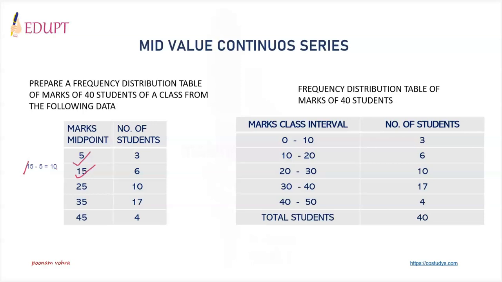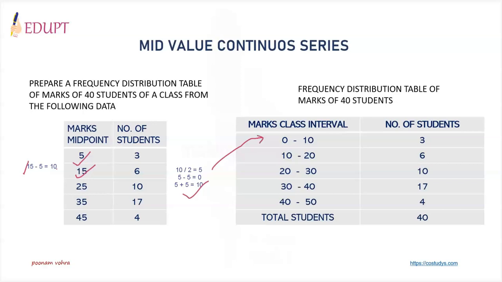It would be 10 divided by 2, which is 5. So the lower limit will be 5 minus 5, which is 0, and the upper limit of the class would be 5 plus 5, that is 10. So the first class interval would be 0 to 10.